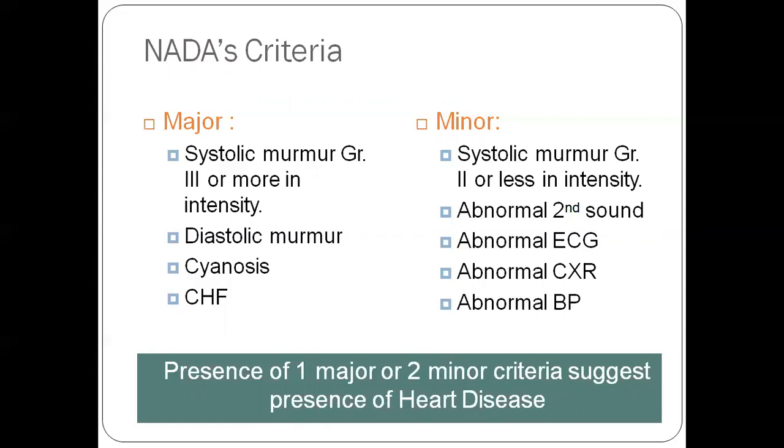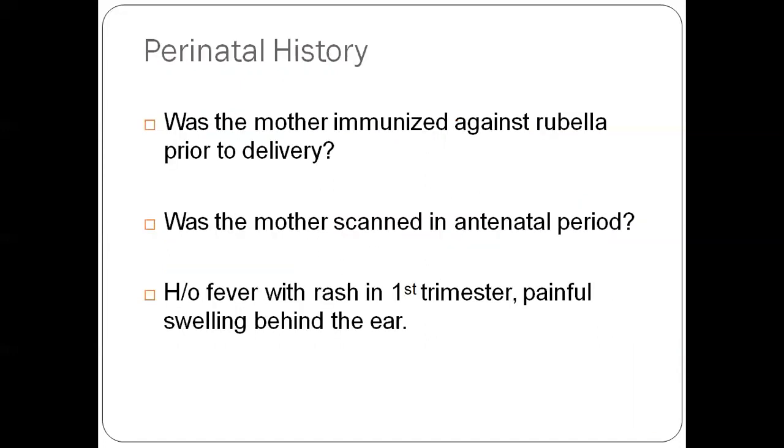One major and two minor criteria suggest the presence of heart disease. The Nadas criteria: major criteria are systolic murmur grade 3 or more in intensity, diastolic murmur, cyanosis, and congestive heart failure. The minor criteria are systolic murmur grade 2 or less in intensity, abnormal second heart sound, abnormal ECG, abnormal X-ray, or abnormal blood pressure. The presence of one major and two minor criteria suggests the presence of heart disease.